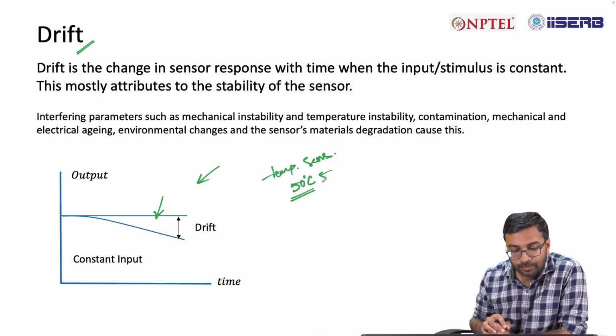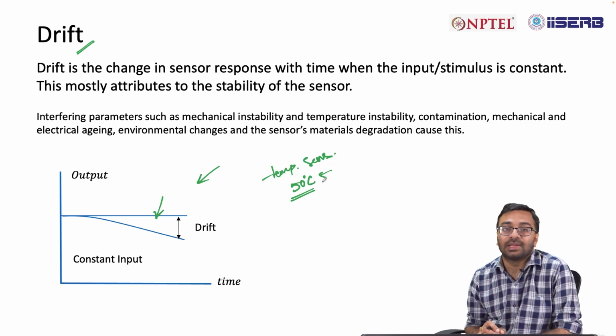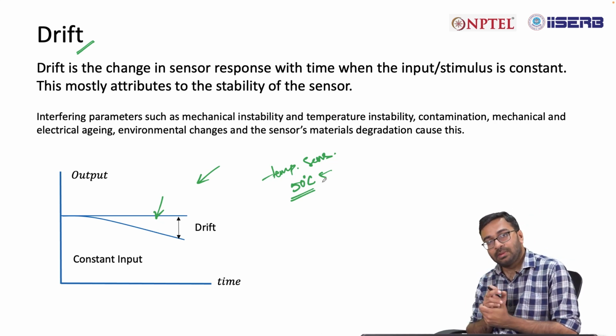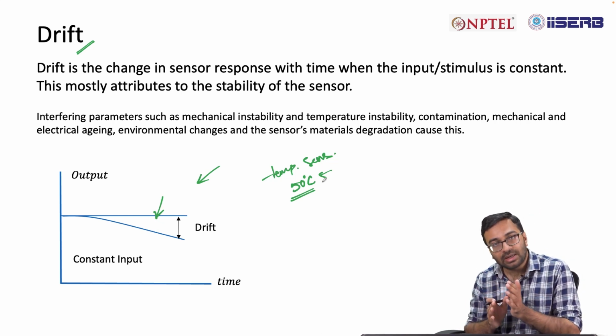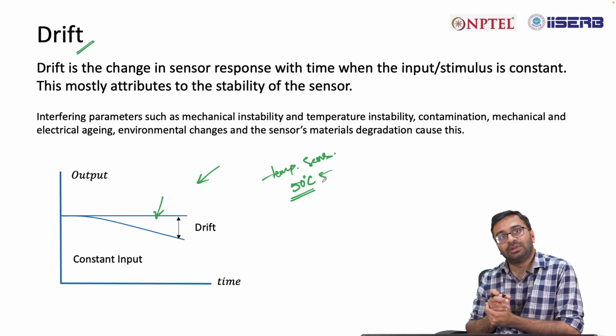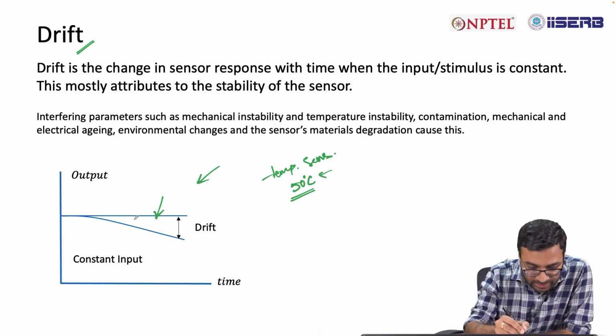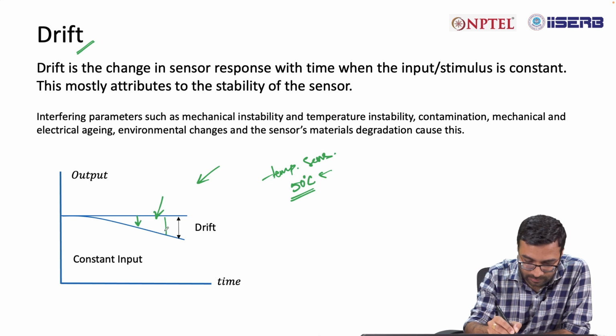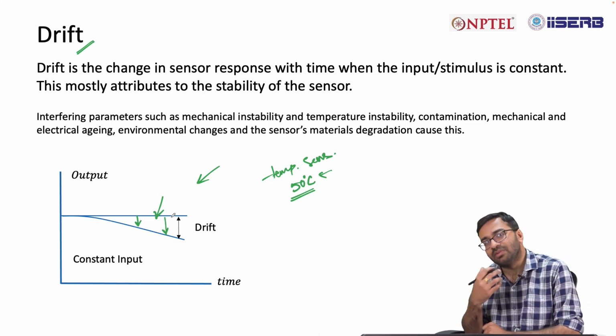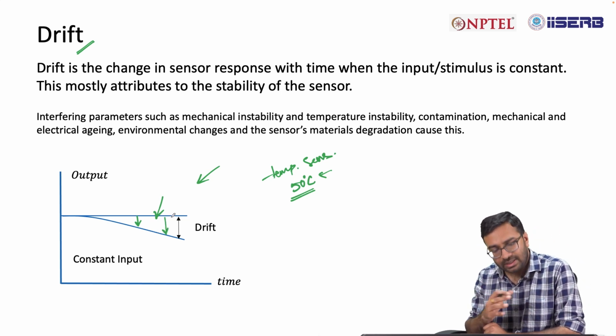But in practice, you may find that with respect to time, or after a certain duration, your sensor response is decaying or decreasing. Okay. The extent of decrease may vary, but it is decreasing.